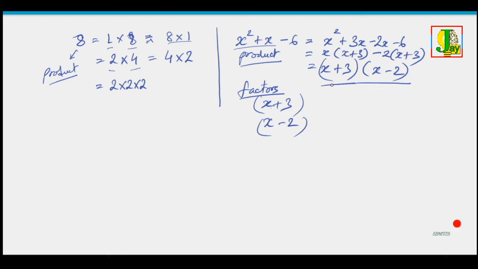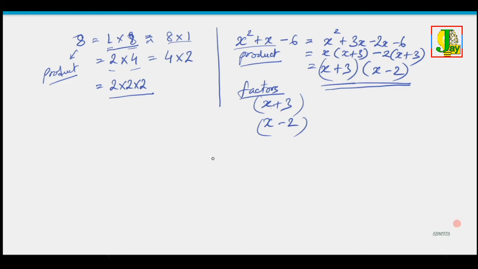This particular way of representing the product is called factorization. So 1 into 8 is a factorization, and this one is known as prime factorization, where all the factors are prime factors. I hope you understood this factorization part.